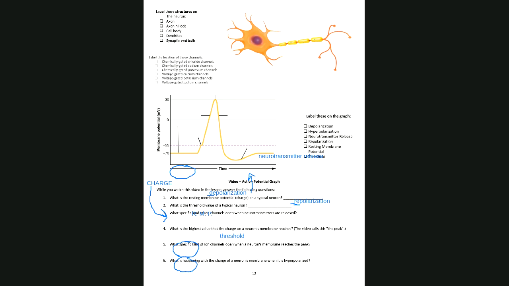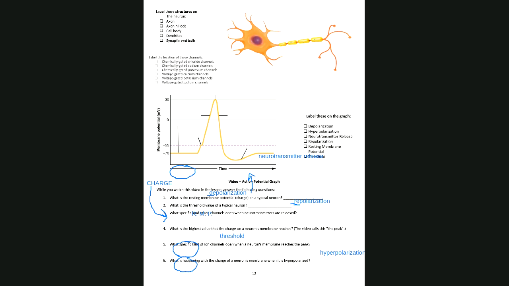But if you notice this part of my graph over here, here's negative 70, right? Here's normal, where I should end up. Because the neuron repolarizes its membrane fast to try to get negative again, I actually get a little too negative. So this last part of my graph down here is called hyperpolarization.